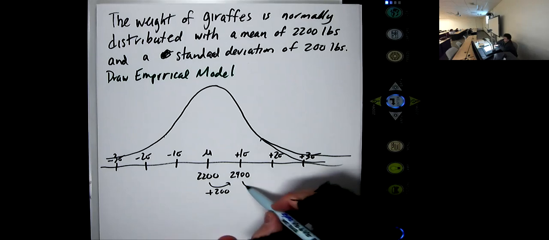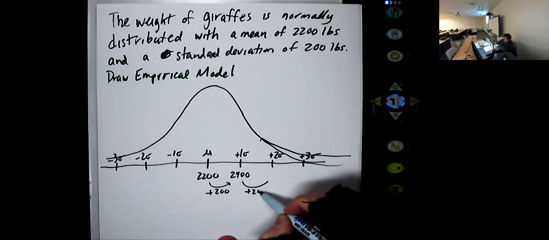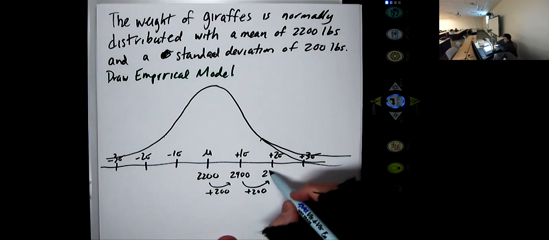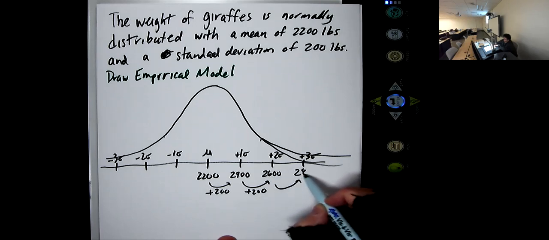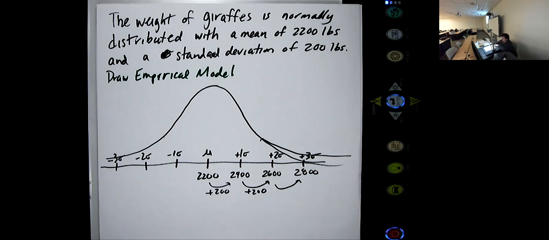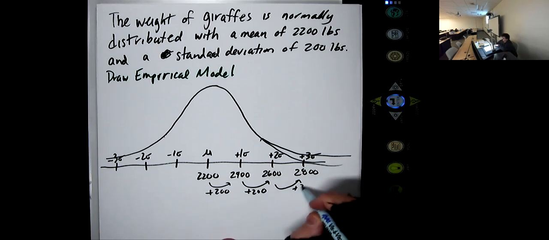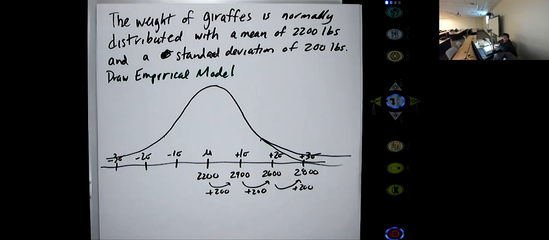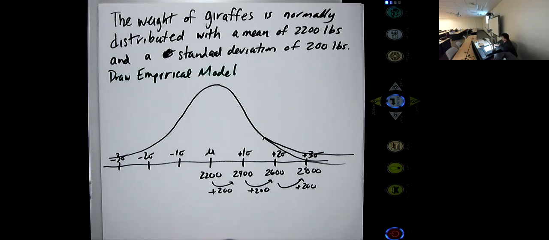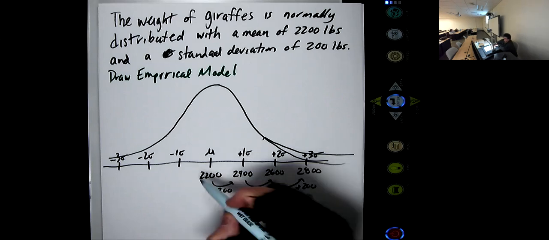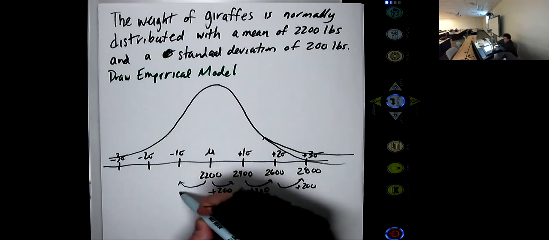And as I keep going, I will just keep adding 200 at a time. Going the other way, we subtract.